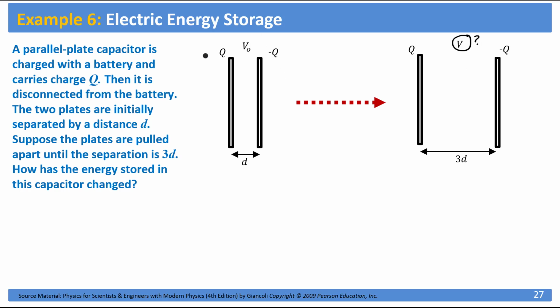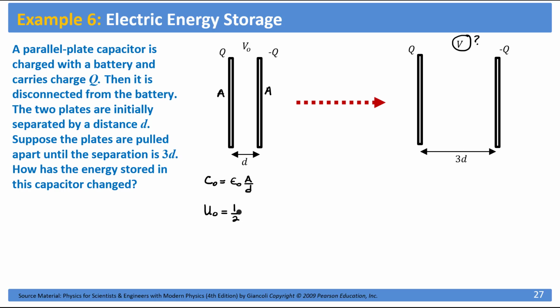I will start with the fully charged capacitor before we do anything to it. Now, since this is a parallel plate capacitor with an area A and the separation distance D, the original capacitance is equal to epsilon 0 A over D, and the energy stored in this fully charged capacitor is 1/2.